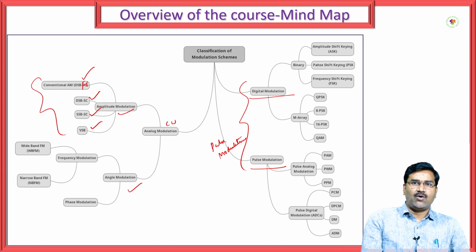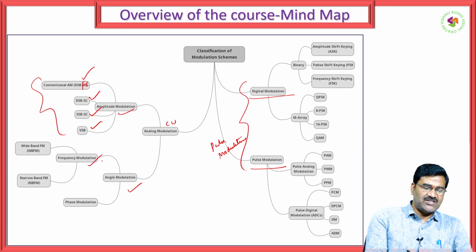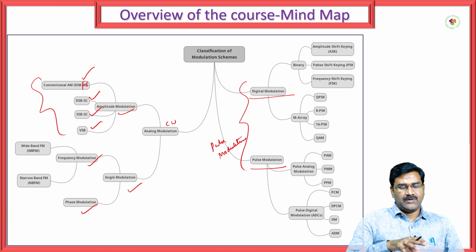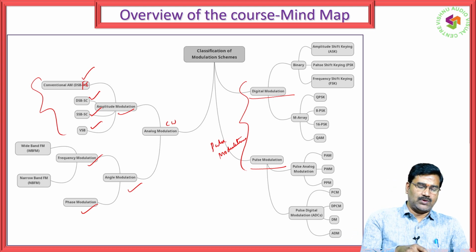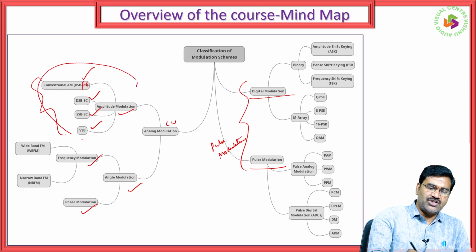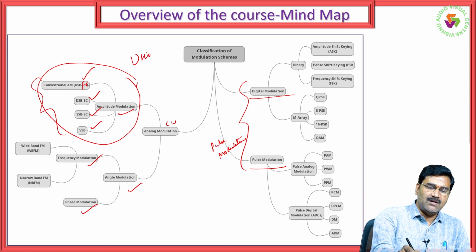Coming to angle modulation schemes, we have two types: frequency modulation as well as phase modulation. We will come to know the various equations governing these two modulation schemes. Amplitude modulation is totally covered in Unit 1.